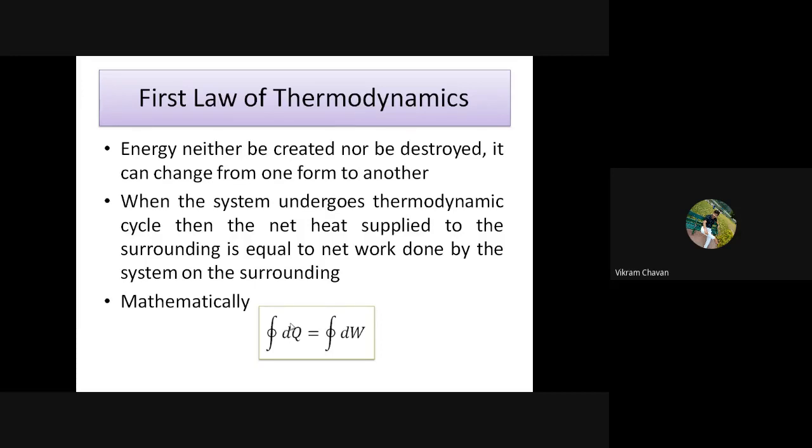Mathematically, please note, write down this equation.